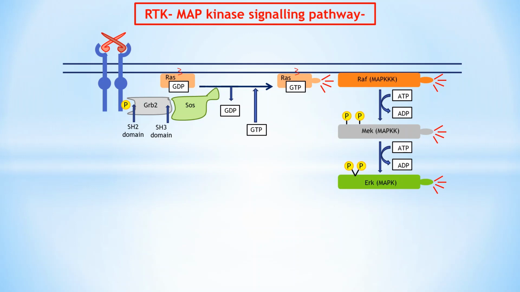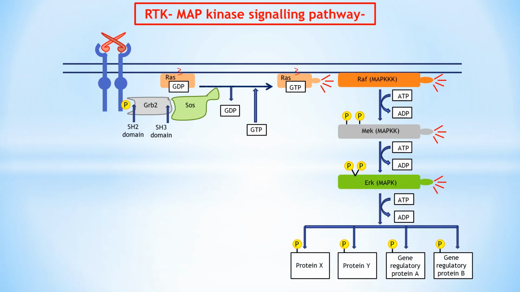Now the activated ERK enters the nucleus and phosphorylates one or more components of a gene regulatory complex, which activates the transcription of a set of immediate early genes. These genes are called immediate early genes because they are expressed within minutes of the activation of the receptor.